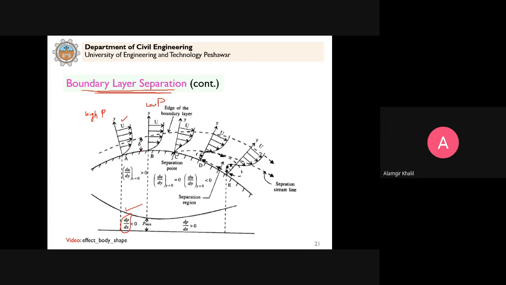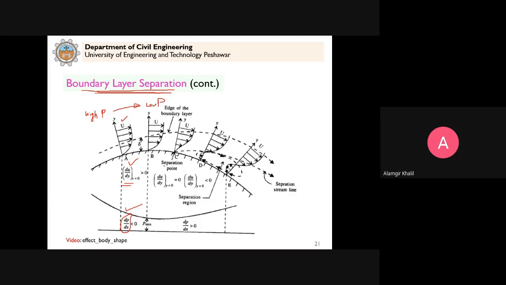So in this case you can see that du by dy is greater than 0. We have a positive velocity gradient, clear? So we have a favorable pressure gradient as the flow occurs from here to here.